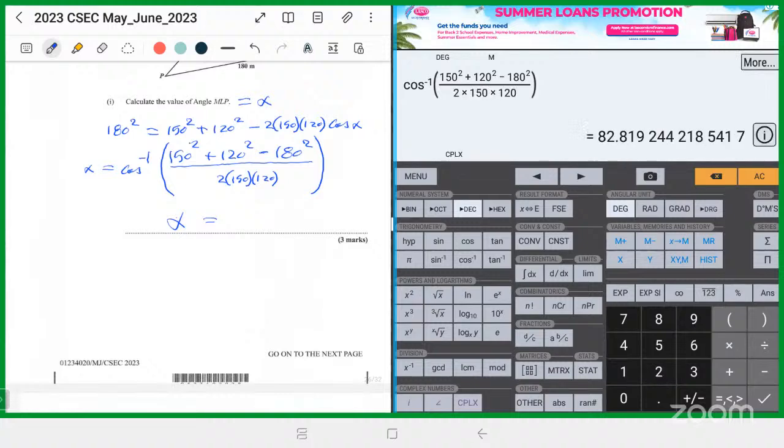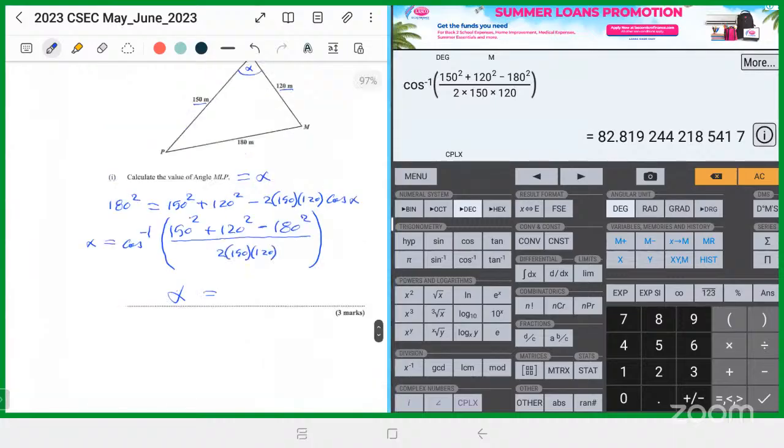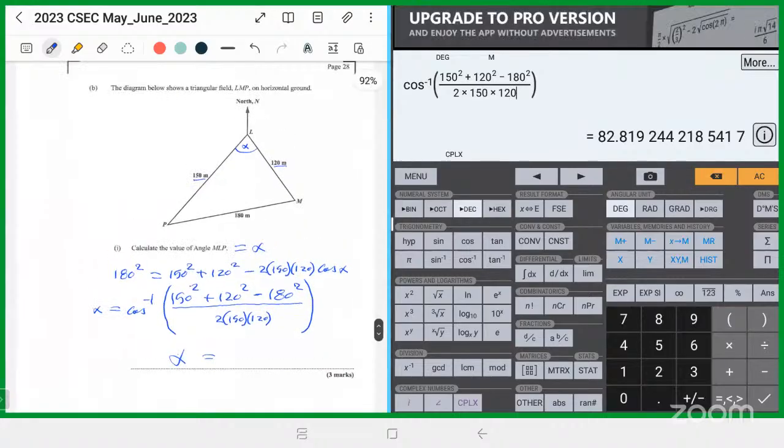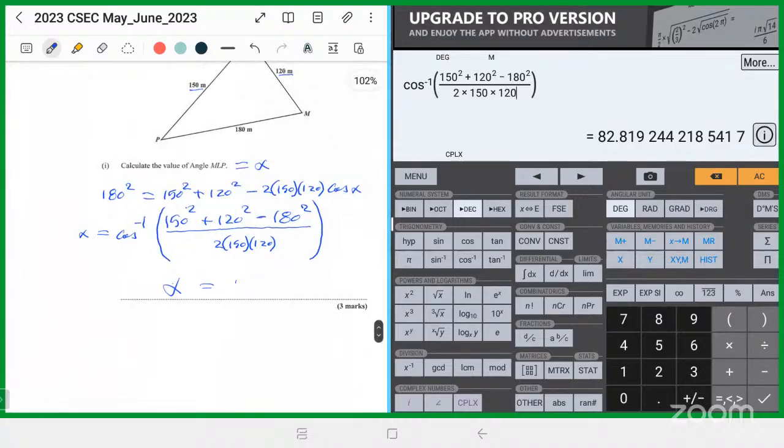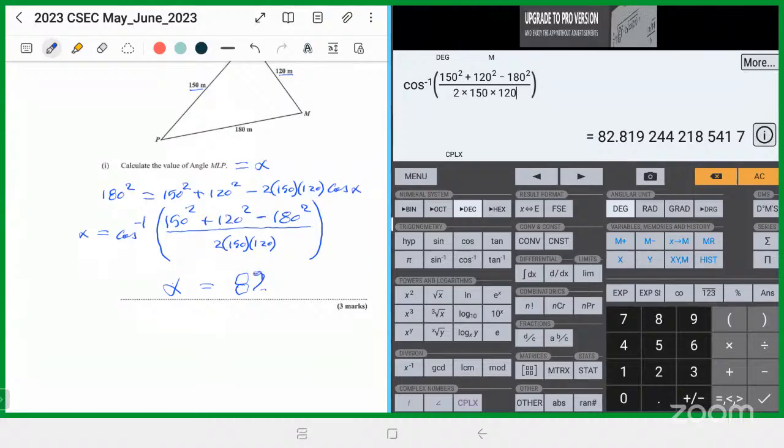Put in the calculator, I'm getting 82.8 degrees. Alright, and they didn't tell me any level of accuracy, so I'm giving them 3 digits. 82.8 degrees from my calculator. That's the answer.